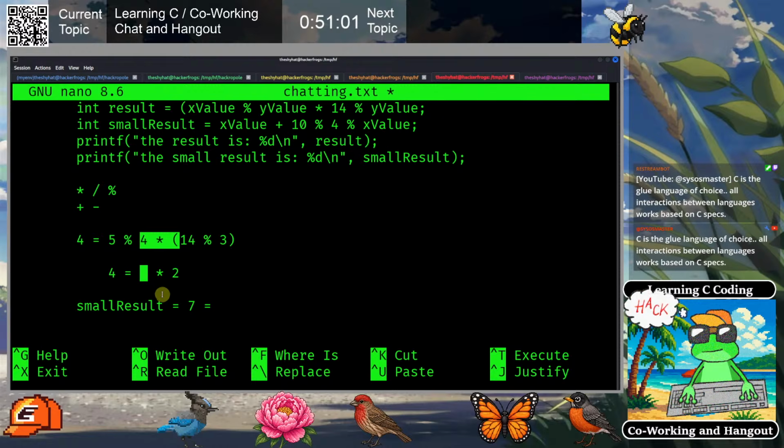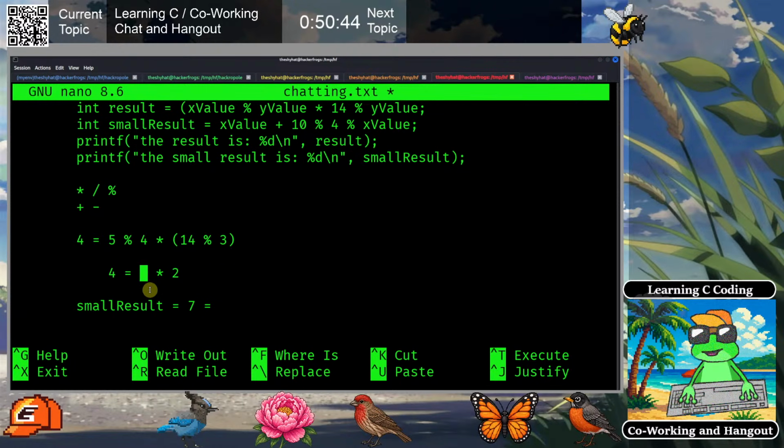So 4 times 2, 8. So that's 8, 5 modulo 4 is 1.